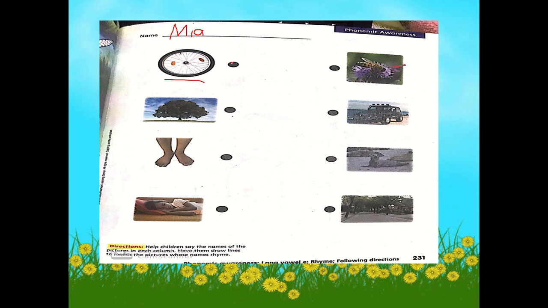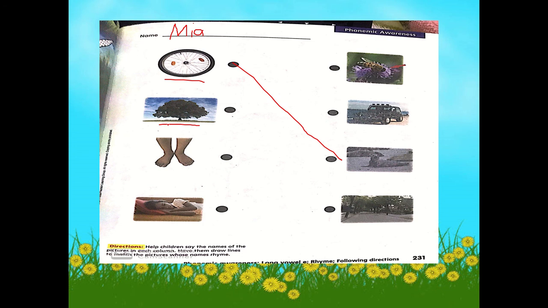Very good. The answer is seal. Wheel rhymes with seal. Now this time, I'm going to say the names of the pictures and you have to do it on your own. Just listen to what I say. The next picture is tree.